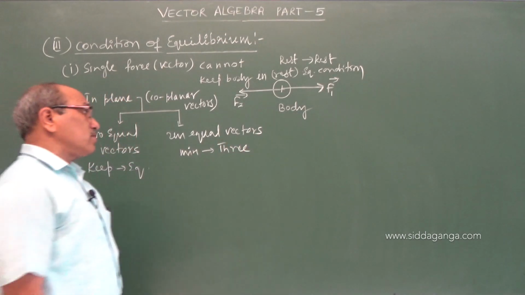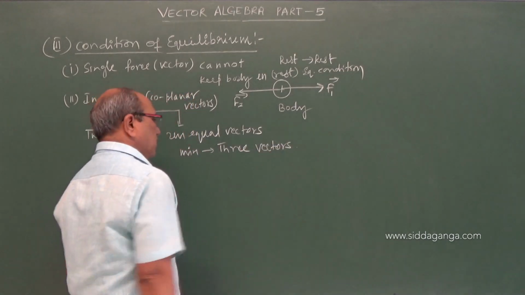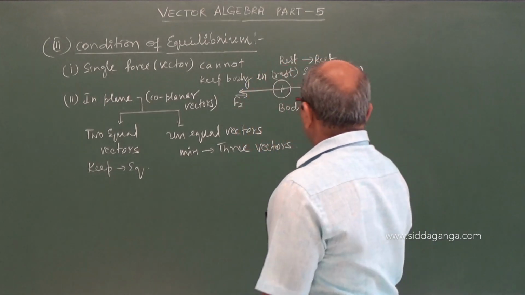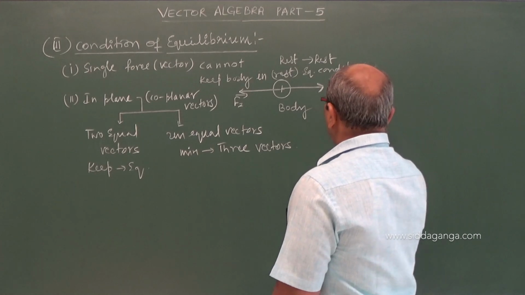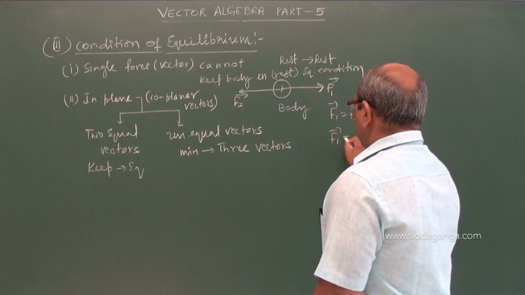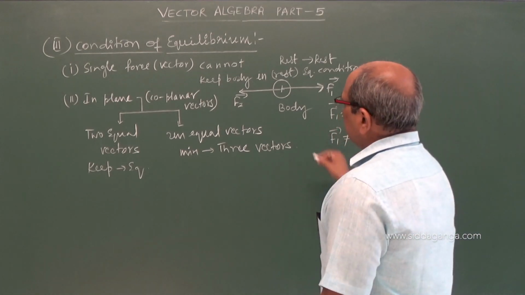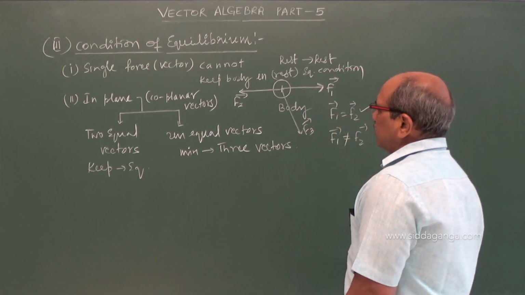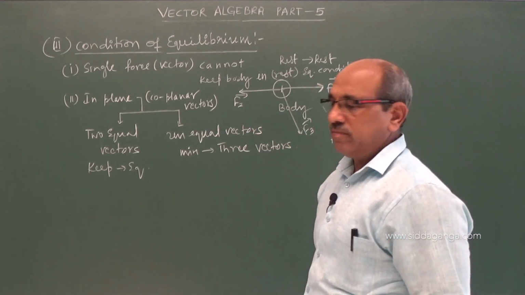Minimum 3 vectors or 3 forces are necessary to bring equilibrium. Suppose F1 is not equal to F2. F1 equal to F2 is enough to keep the body in equilibrium. If F1 is not equal to F2 and they are coplanar, then I have to apply a third force F3 in some other direction, so that under the action of these 3 vectors the body can come to equilibrium.